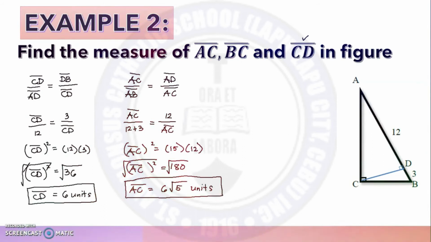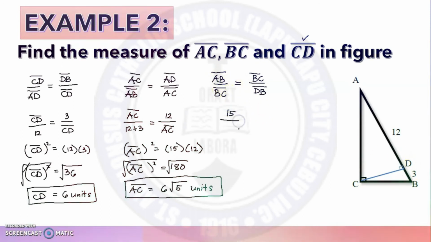Next, we are going to get the measure of the second leg, which is BC. So we can also write BC in this manner. So there's a proportion. You will just write BC across to each other. Okay? Then it is the geometric mean of the hypotenuse, which is AB, and the segment adjacent to BC. And the segment that is close to BC is DB. So now let us substitute.